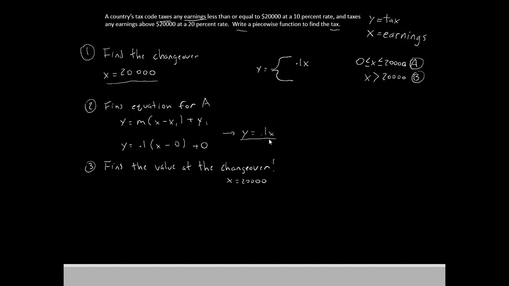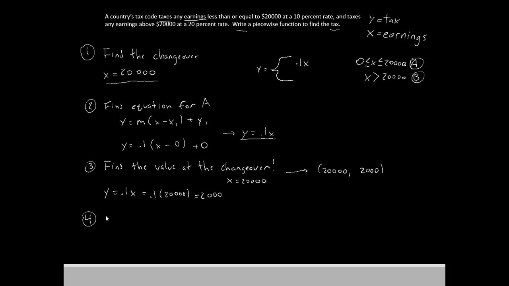So let's take this equation we just wrote and try to find its value when x equals 20,000. Well, we have 0.1 times x, or 0.1 times 20,000, which is 2,000. Which means our value at the changeover is 20,000 for x, comma, 2,000. That'll be our coordinate, and that's going to help us write the second equation.